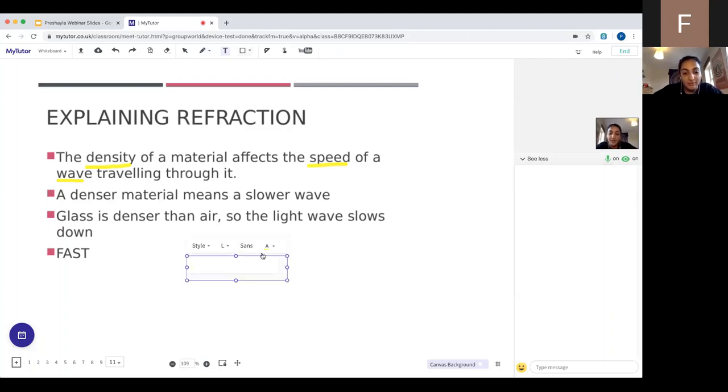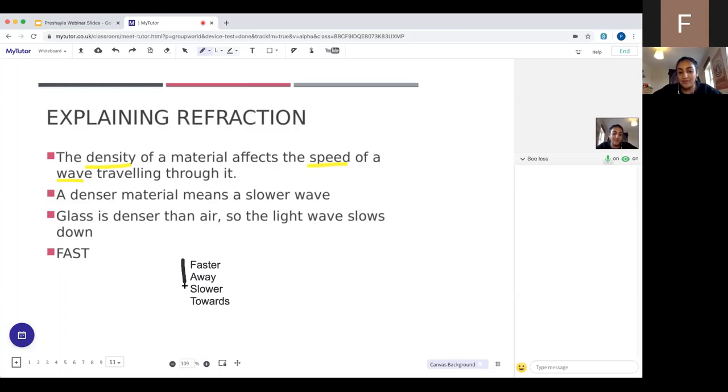The way I like to remember it is with the mnemonic FAST, so F-A-S-T, where F stands for faster, A stands for away, S stands for slower, and T stands for towards. The first two match and the second two match. So faster, away: if the light wave gets faster, which means the density gets less, then it bends away from the normal.